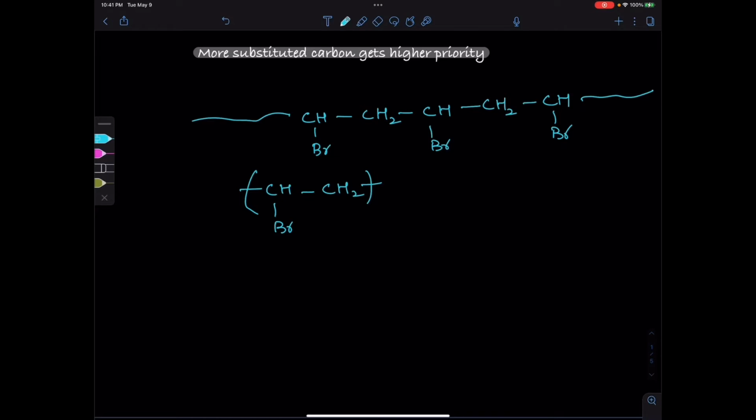To name this, we can number the carbons. If we number the carbons as 1 and 2, we get poly 1 bromo ethylene.